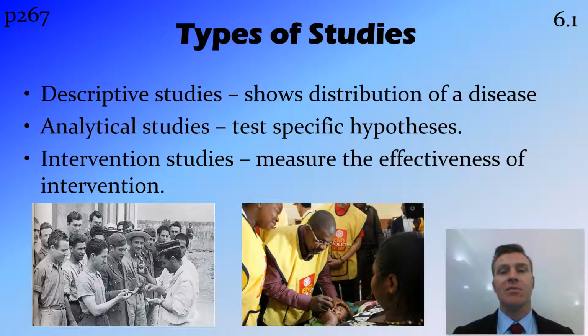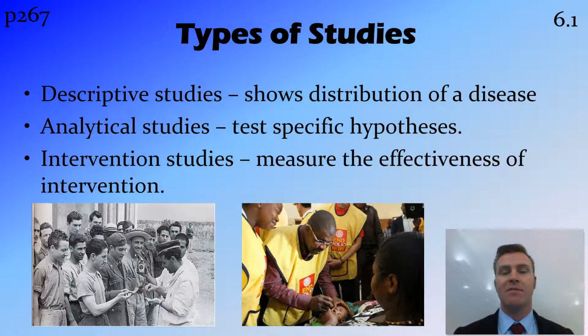Now there's a couple of different types of epidemiological studies. The first one is a descriptive study, and that is like the map that I showed you in the previous slide, showing the distribution of a disease around the world. We then have analytical studies. Analytical studies test a hypothesis and provide evidence that a particular factor could be a causative factor.